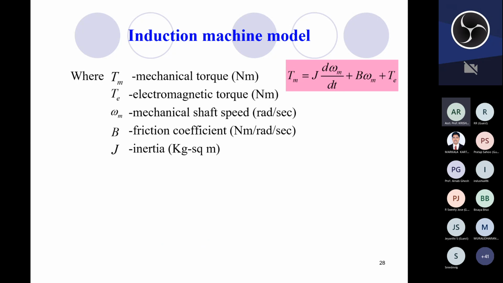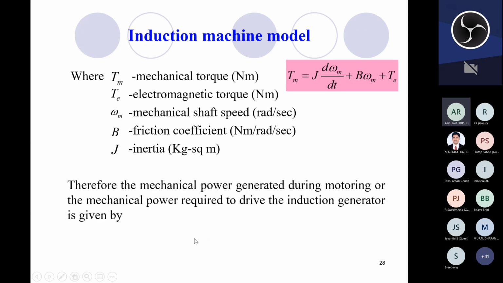So these are the different terms I have already discussed. Therefore the mechanical power required to drive the induction generator is given by, from this equation, Te, the electromagnetic torque generated in the generating mode of operation.